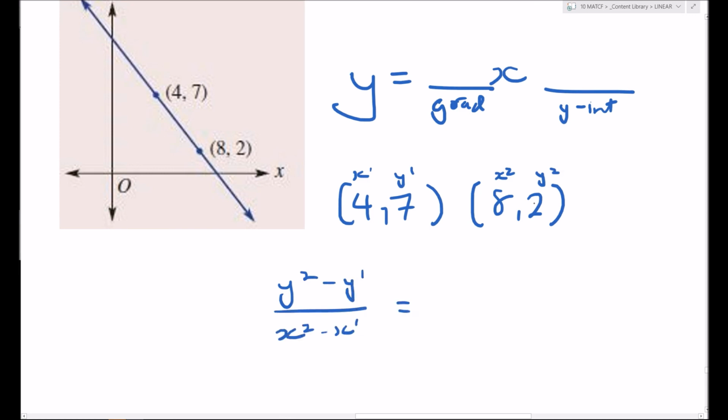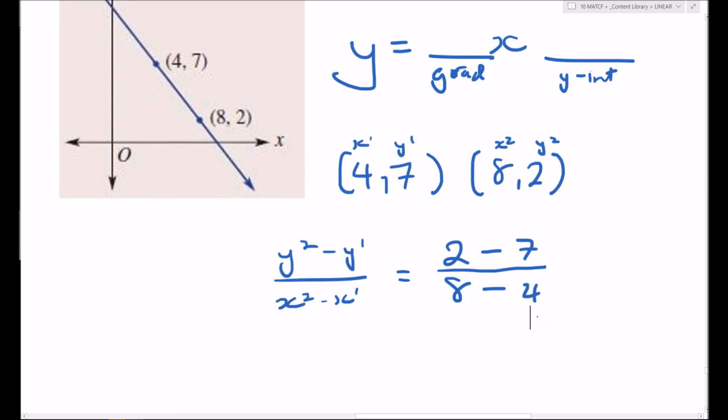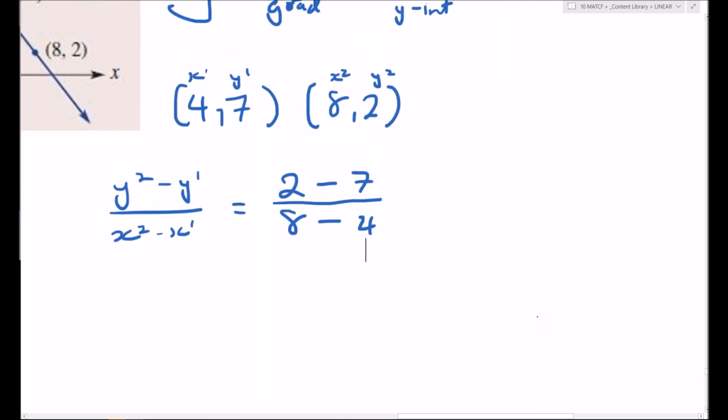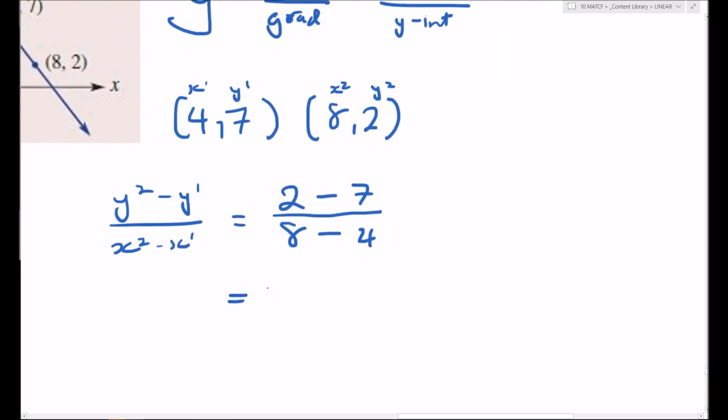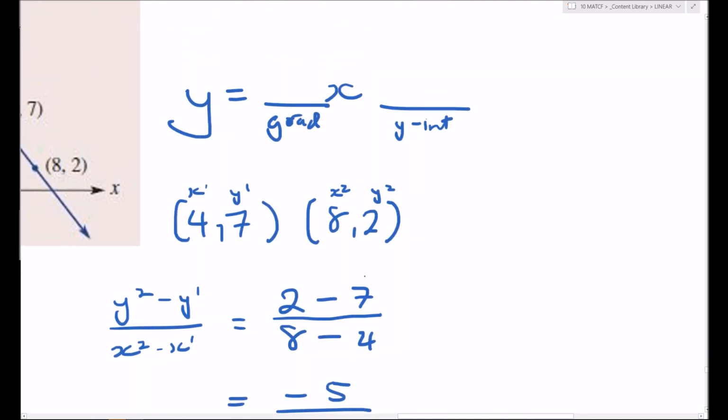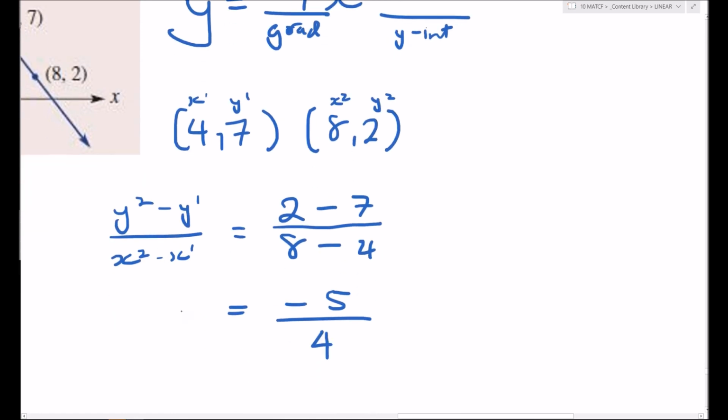So y2 is 2, take away y1, which is 7, over x2, which is 8, take away x1, which is 4. Working that out, 2 minus 7 is negative 5, 8 minus 4 is 4. So your gradient m is negative 5 over 4.